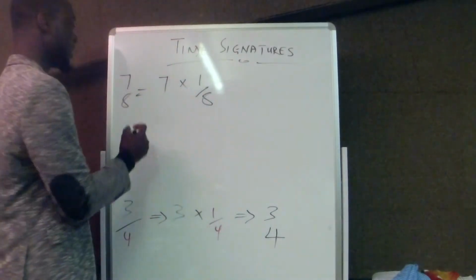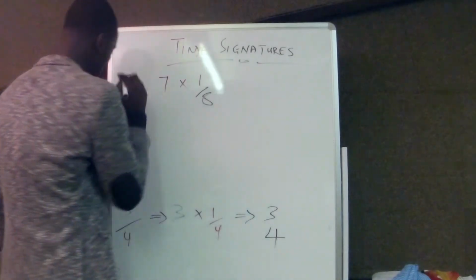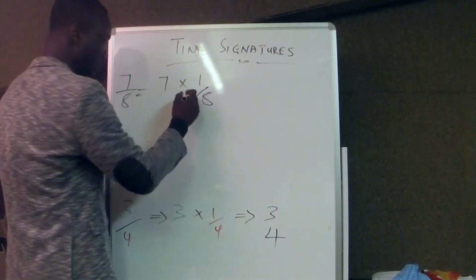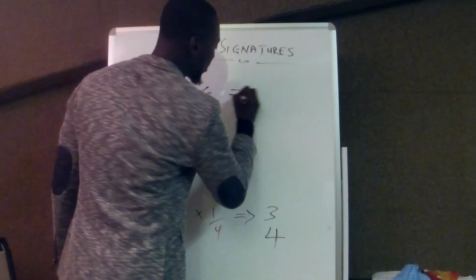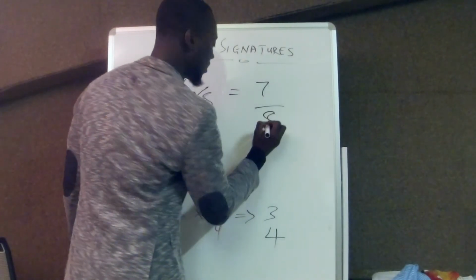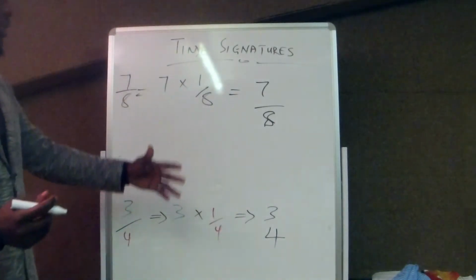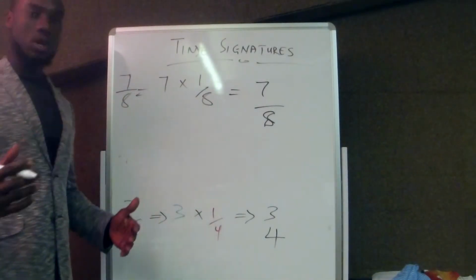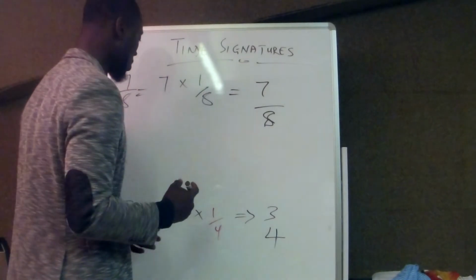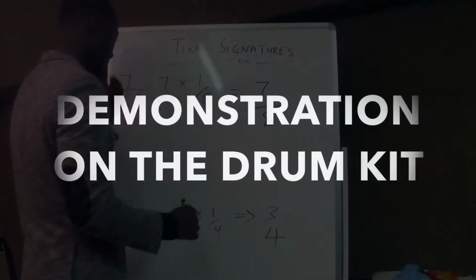So that tells you that there are 7 eighth notes in each bar. So 7/8 is 7 times 1/8. That's odd. Those who are into odd time signatures will know what I'm talking about. If you don't, worry not, at least you understand what we're doing.